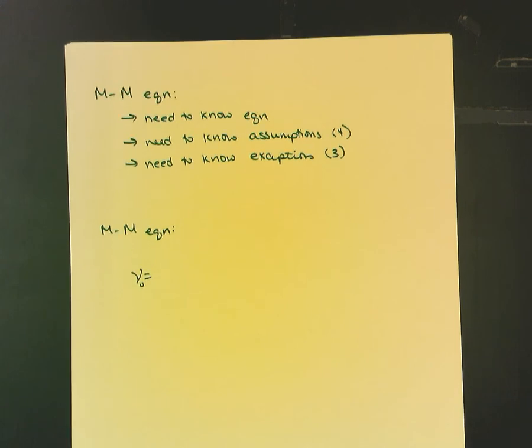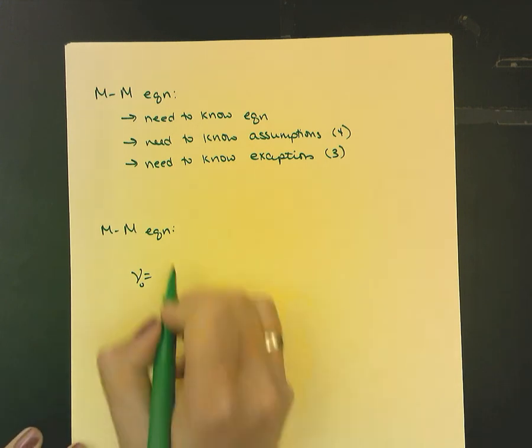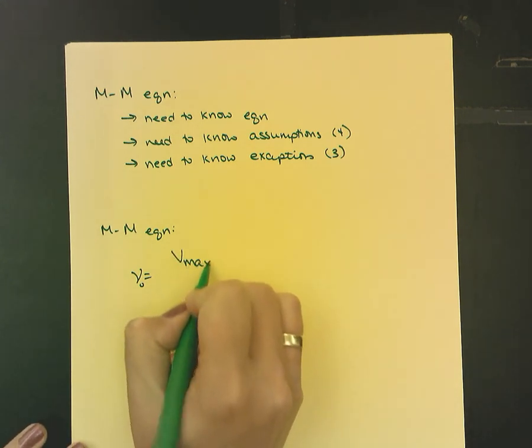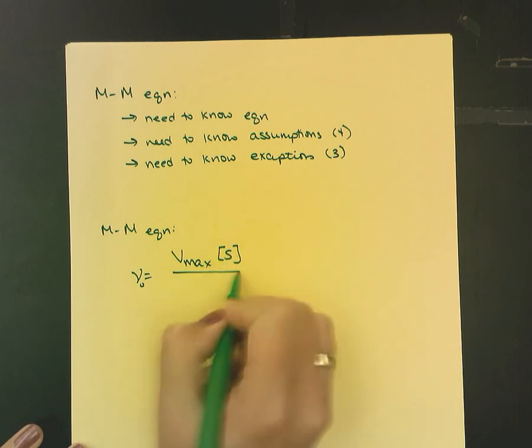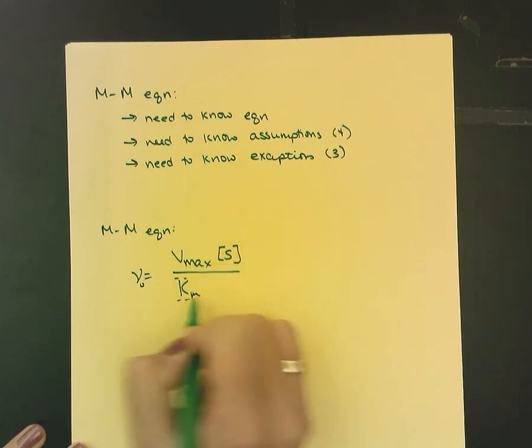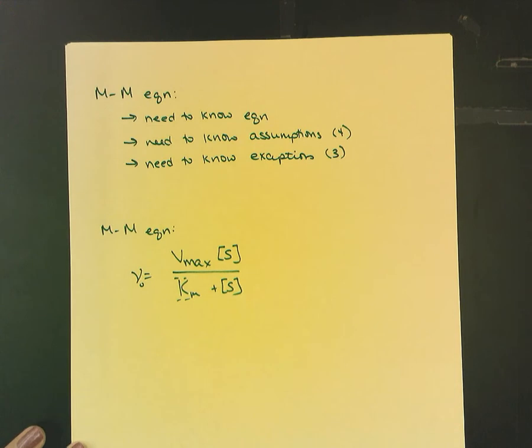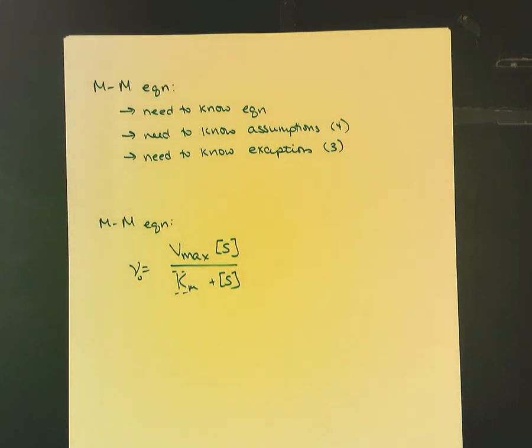All right, so what does a V, scripty V with a little 0 stand for in English? Initial velocity, good. And let's take a look at some of these other terms that are in this.